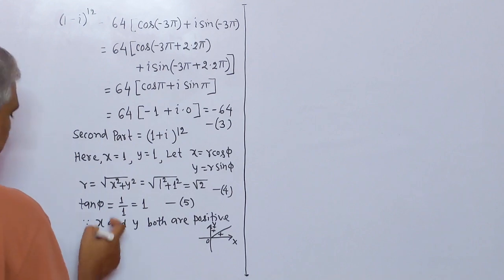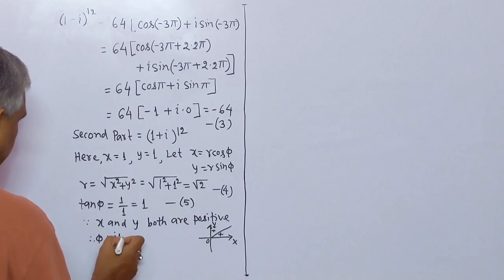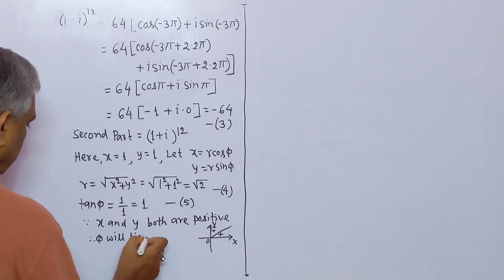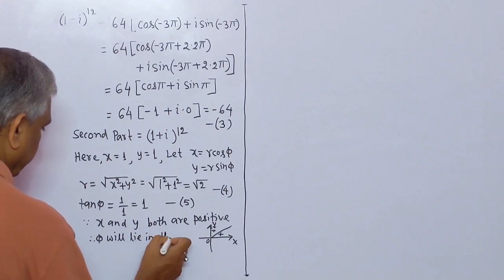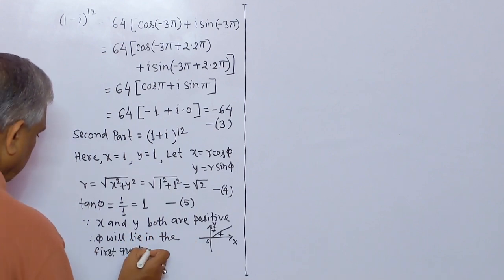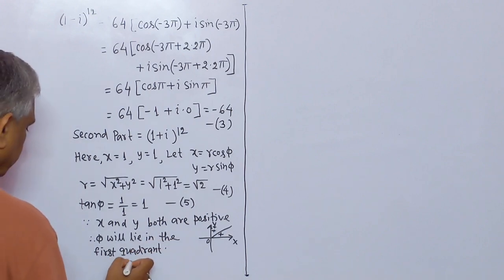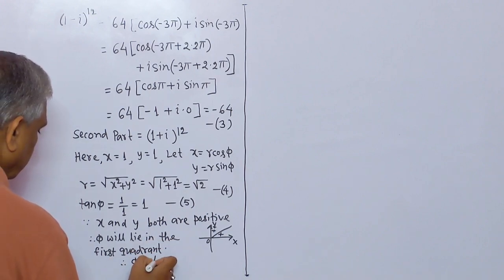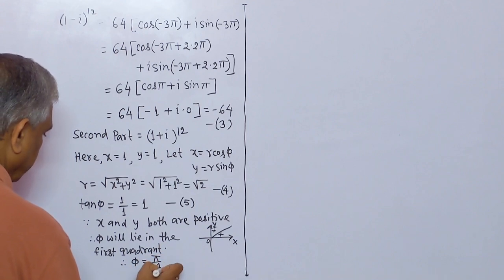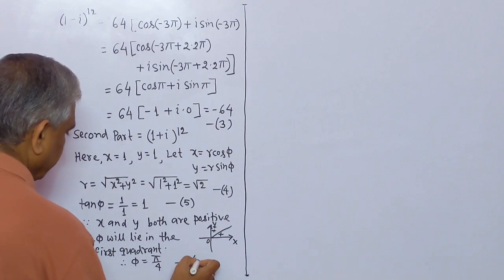Therefore phi will lie in the first quadrant. Therefore phi equal to pi by 4. This is number 6.